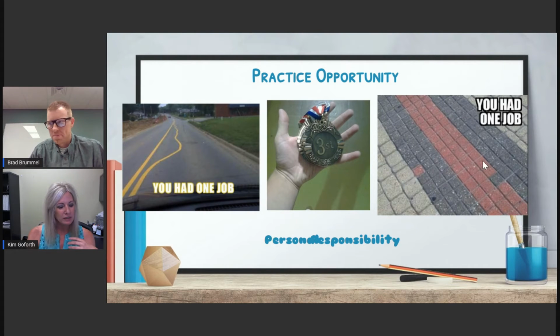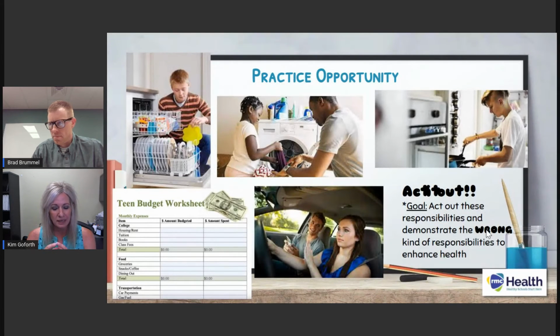And then as you move into some of the instructional practice of role play, you can set up some role play situations and remember some of those tips again. It was to provide them a script. That font looks kind of funny, but the acted out part, and you should always give them a goal. So here are some personal responsibilities that teens may need to be engaged in in their lives.